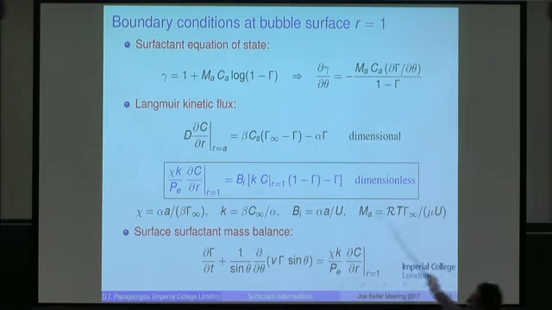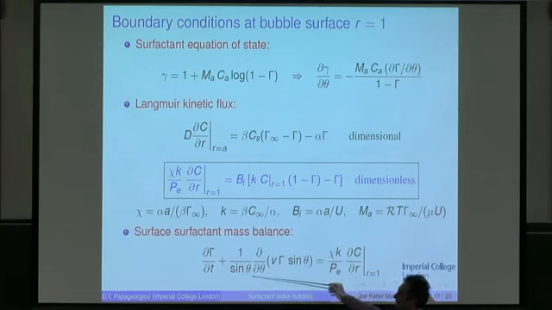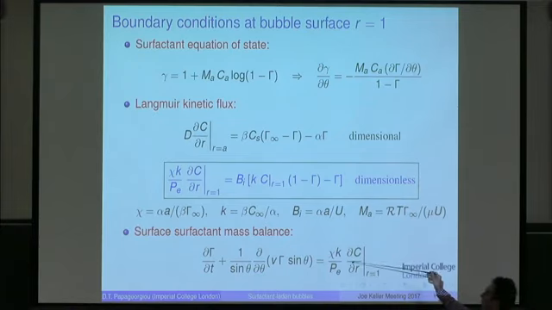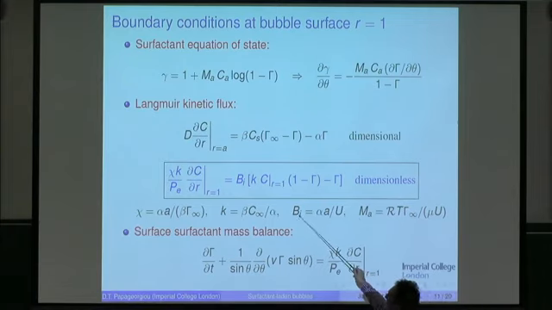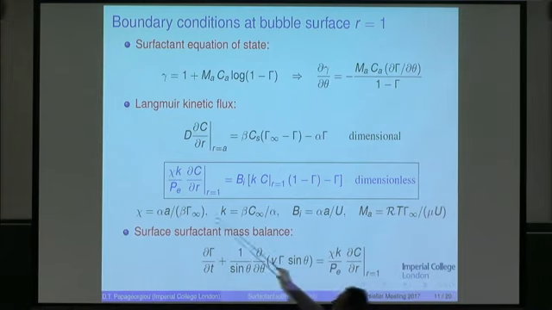So this is a mixed boundary condition for the C problem. And then I also need to have a conservation of surfactants on the surface. So this is a convection equation on the surface with a flux of surfactants coming in. I can equate this to this if I wish. So when do I get solid behavior? Solid-like behavior will happen when either this number, Bi, the Biot number, is small, or this number is small.